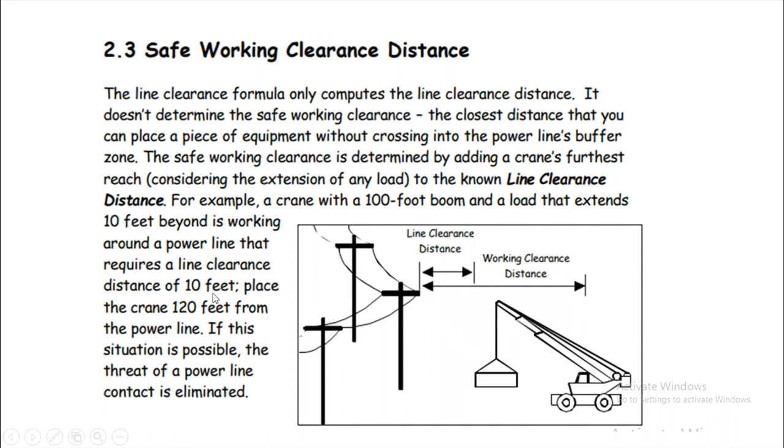For example, in our example it is 10 feet. But if you place the crane from the power lines, that is the safe working clearance distance. So you need to add the dimension of the crane plus the line clearance distance, and that is your safe working clearance distance.